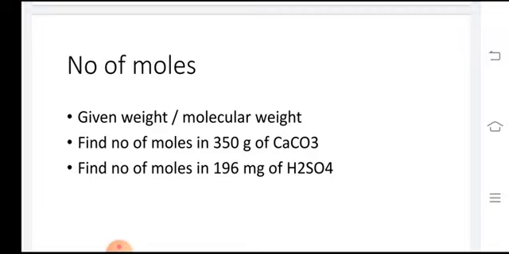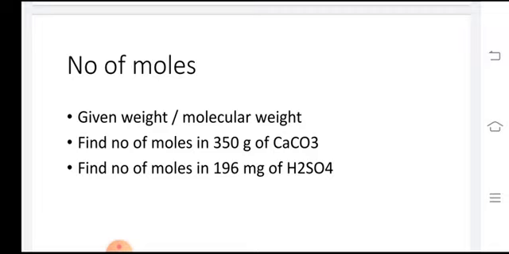It is 100 because calcium is 40, carbon is 12, and oxygen has 3 atoms, so it has a share of 48. So 48 plus 12 plus 40 gives us 100. So overall the number of moles will be 3.5 for calcium carbonate.